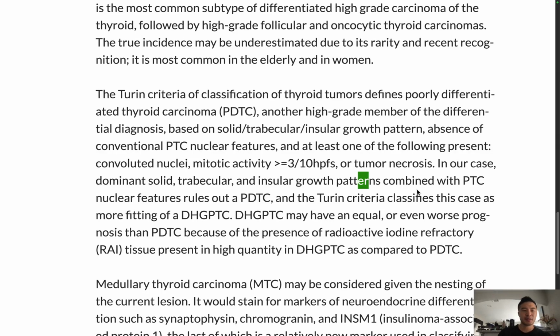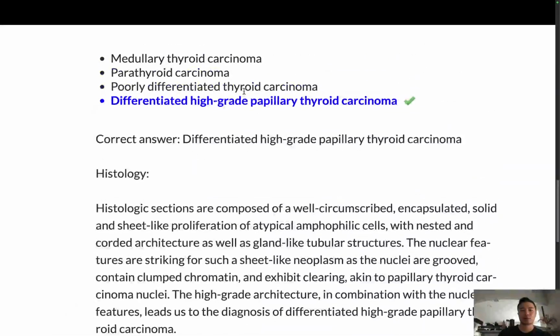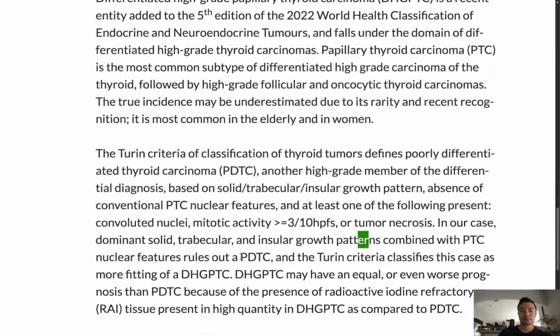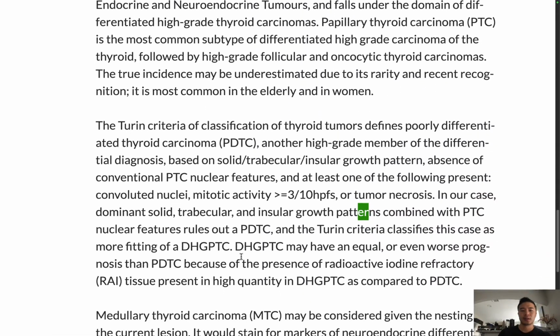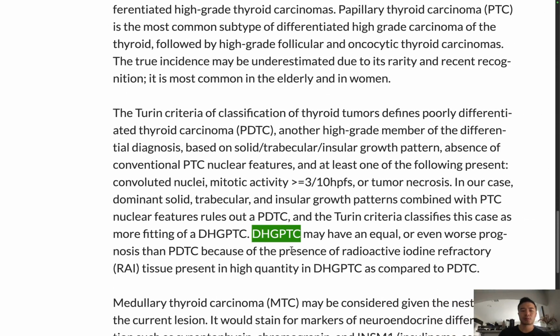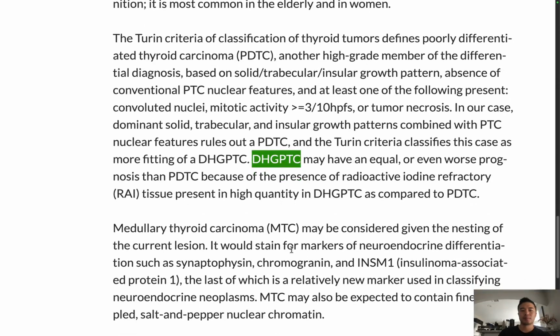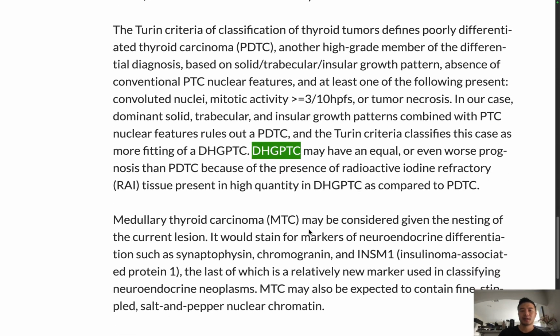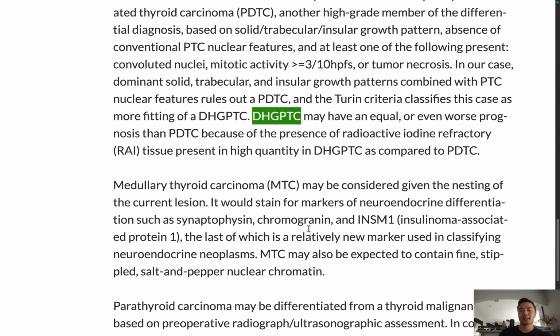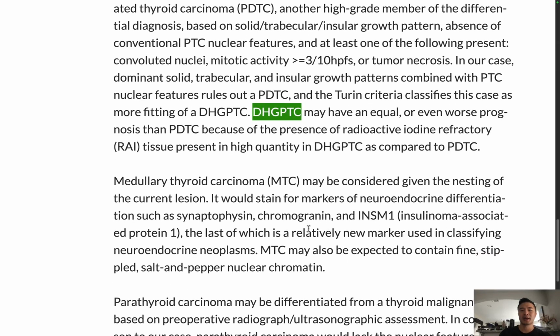However, there are PTC nuclear features, so that's why it wasn't poorly differentiated thyroid carcinoma. That's why this is the better diagnosis. And it may have an equal or even worse prognosis than poorly differentiated thyroid carcinoma because of the presence of radioactive iodine refractory tissue in high quantity.